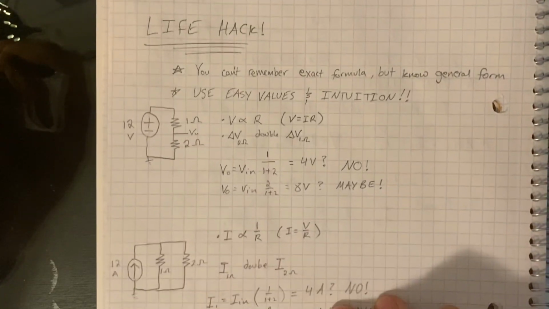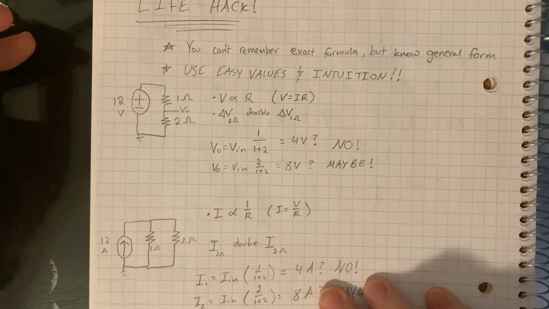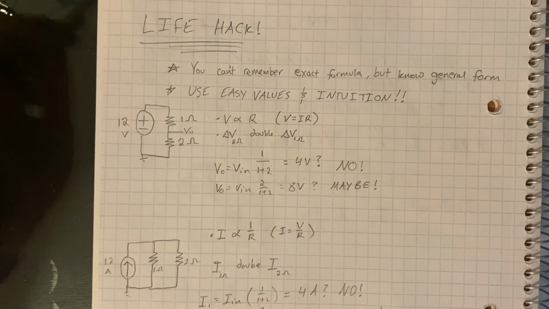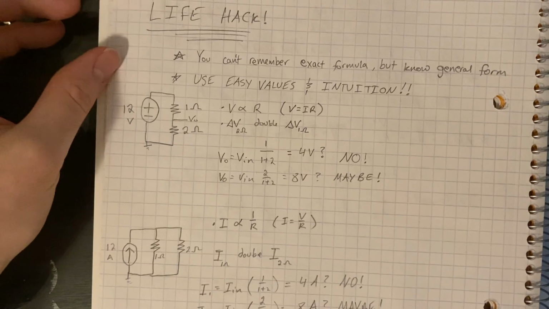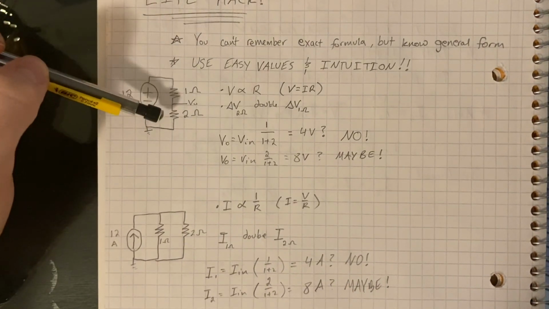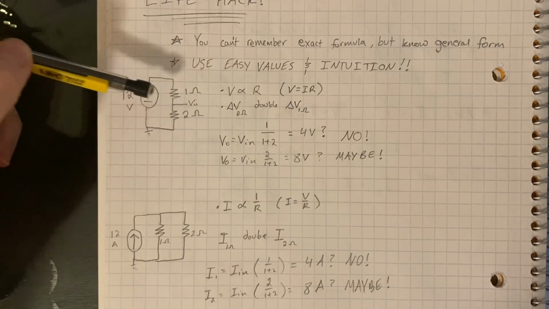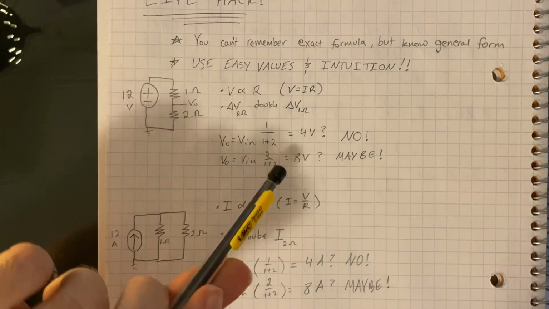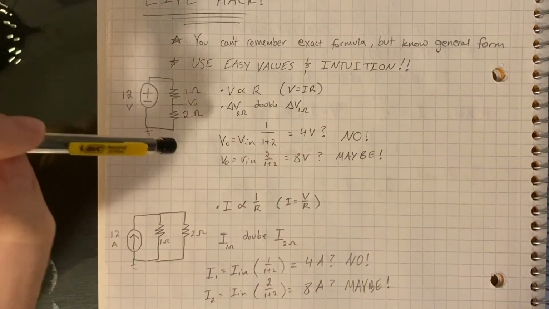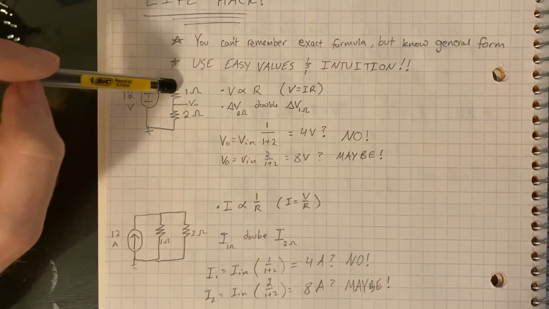And now for the life hack, which is if you're in an exam or just at work and you can't quite remember the formulas for voltage division or current division, just use your intuition. Here, if we're looking for V out, we know that it's the voltage across this 2 ohm resistor. And since voltage is proportional to resistance, we know that the voltage across it should be double this here.